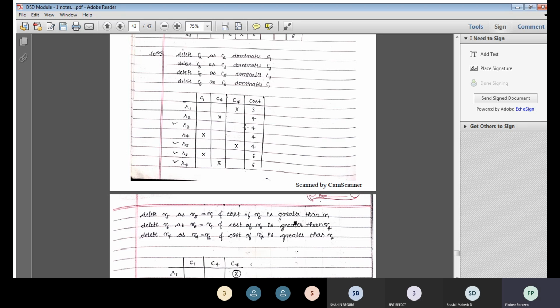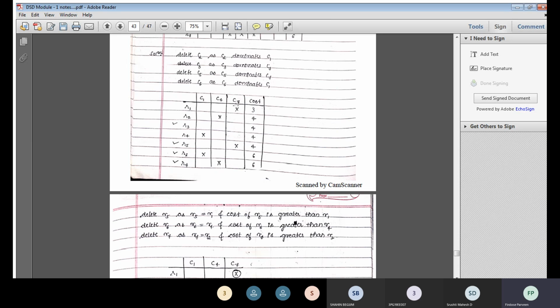So now with C1, C4, C7, delete R5, as R5 is equal to R1 and the cost is more. When you delete, the cost should be more. R5 is equal to R1, why?